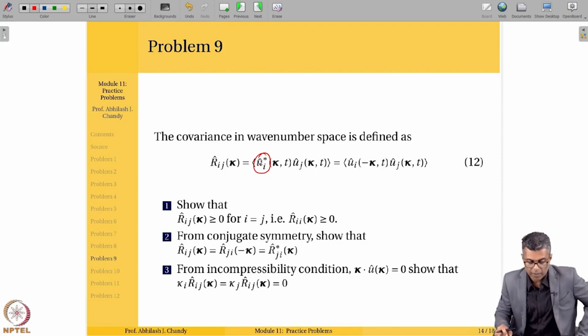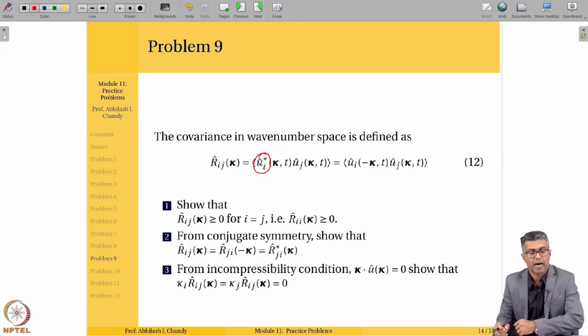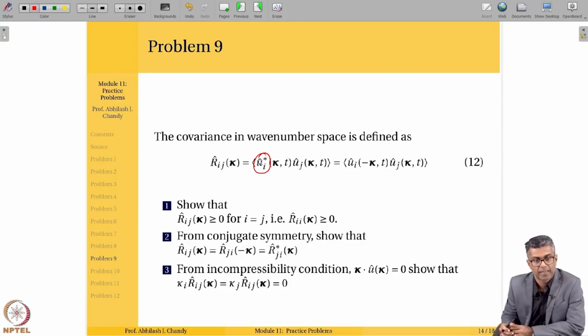Now the first part is you have to show that Rij hat of kappa is greater than 0. Rij is basically the covariance, right? Greater than 0 for i equal to j, that is Rii of kappa is greater than or equal to 0.